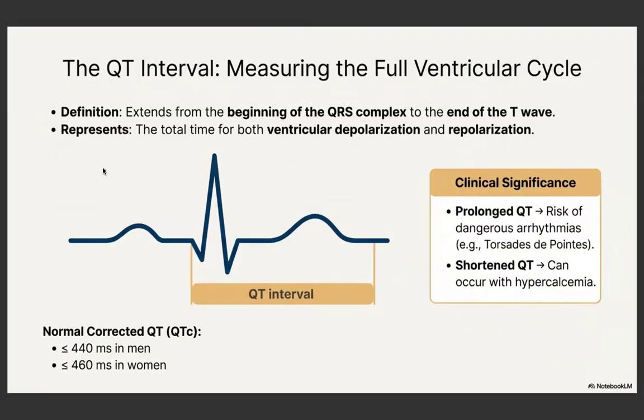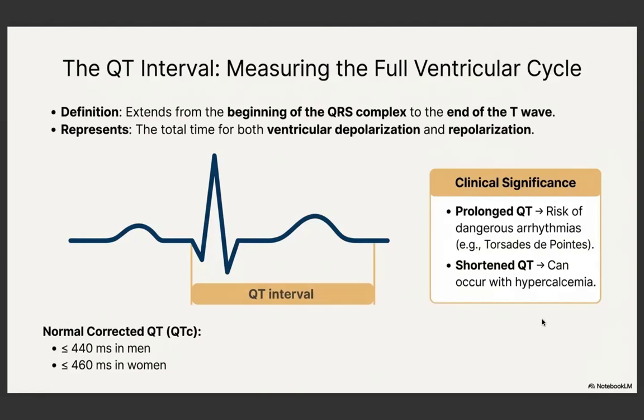All right, prolonged QT intervals are a sign of dangerous arrhythmias like torsades. We've mentioned that before. So if the QT interval is really long, we're worried about torsades. In men, a normal QT interval is 440 milliseconds, and in women, 460.